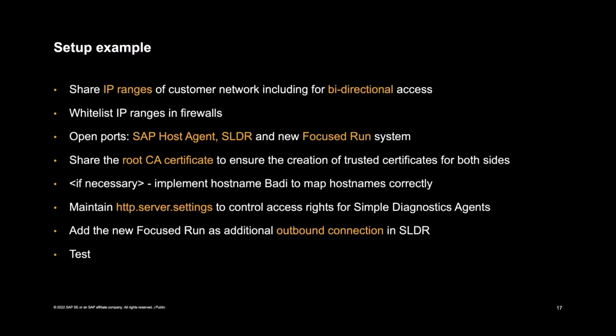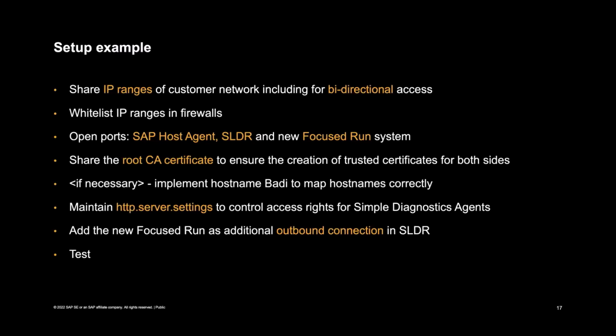So a typical setup example of deploying Focused Run, or the Focused Run deployment options. Usually we have a shared IP range. So customer and service provider and AMS provider all use their own IP ranges. We have the routing between the IP ranges established via routers, via firewalls, and so on.